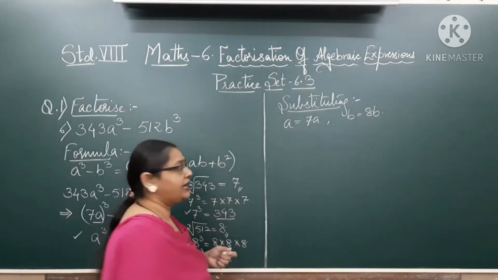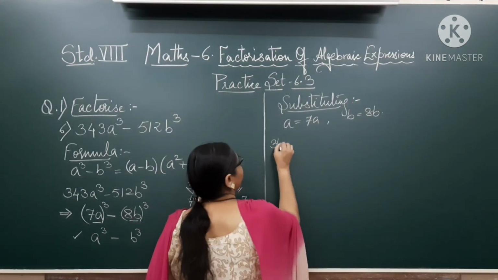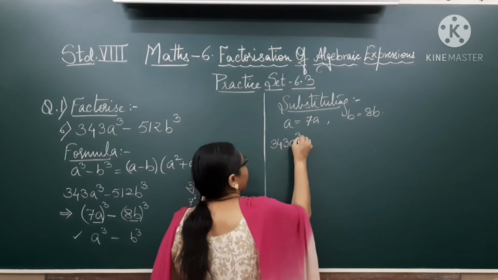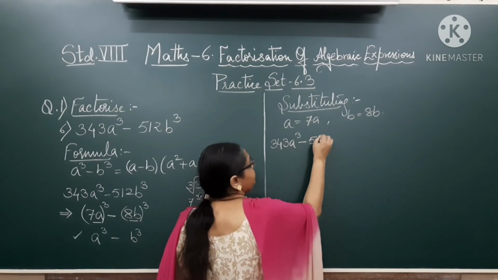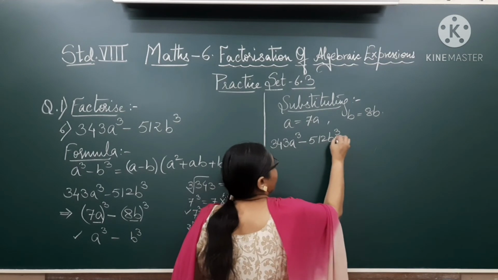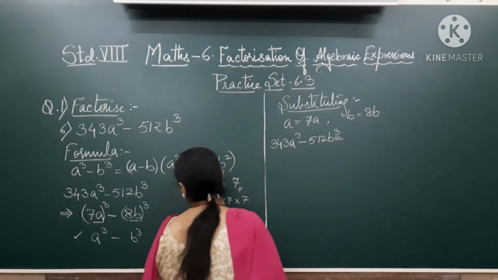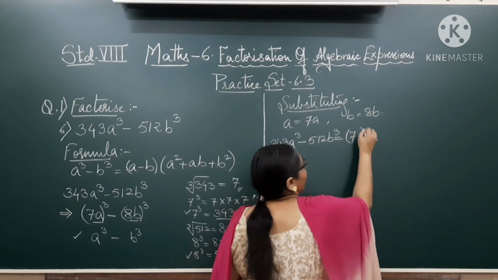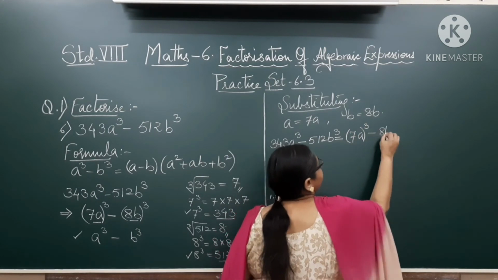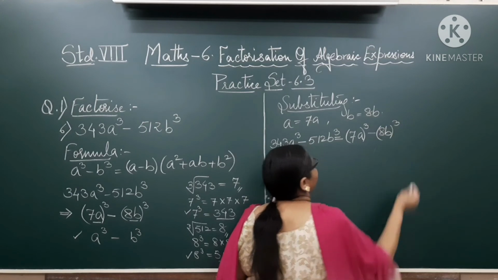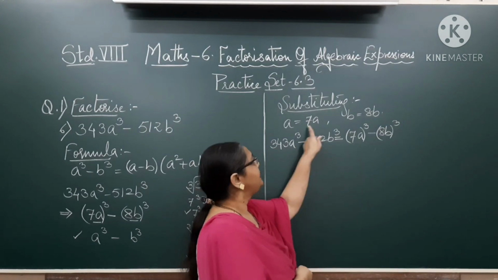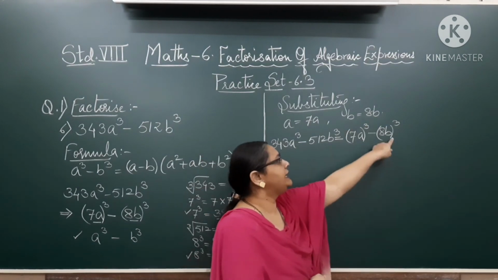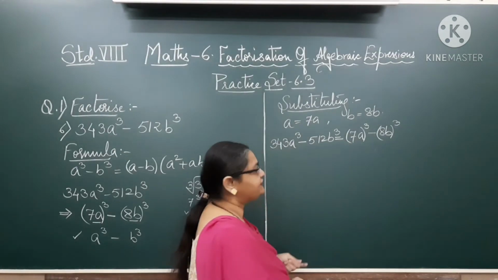Okay, let us factorize 343a cubed minus 512b cubed is equal to (7a) the whole cubed minus (8b) the whole cubed. Right? I have just substituted a and b. Right? So let us factorize further.